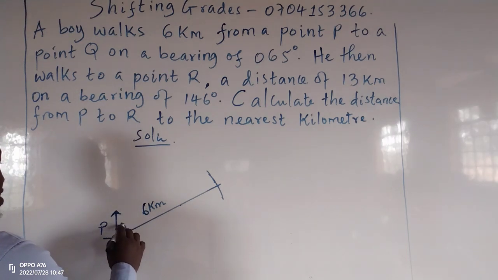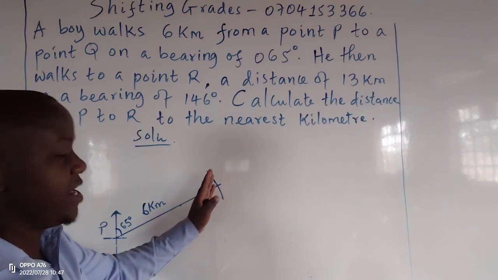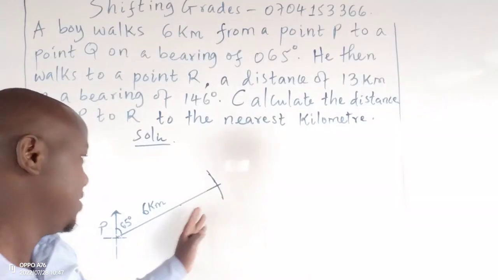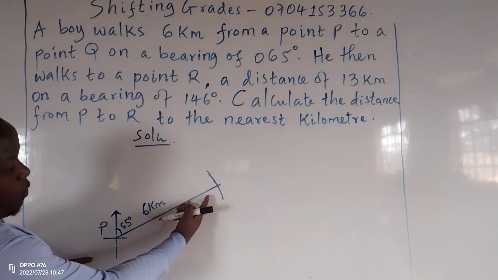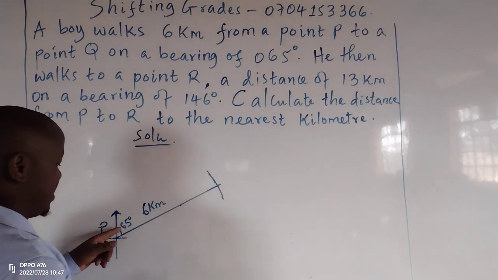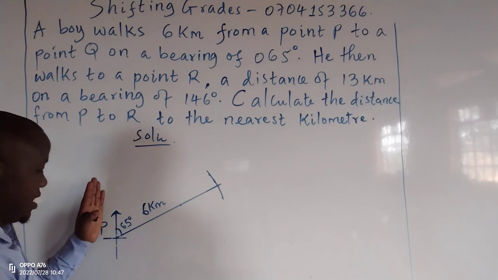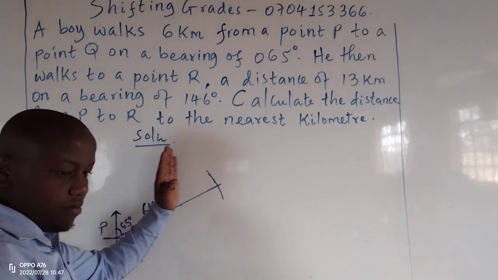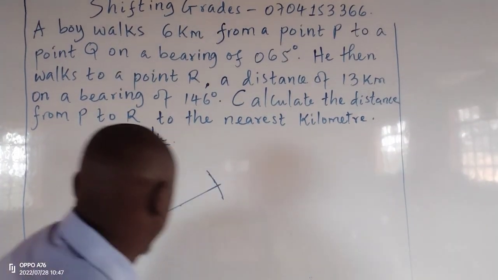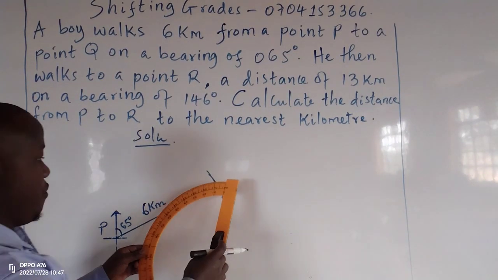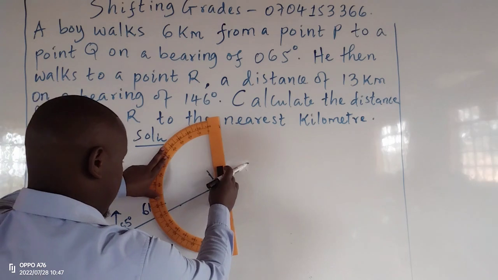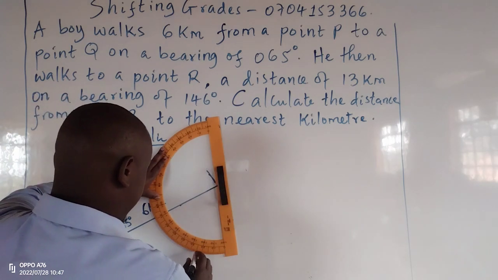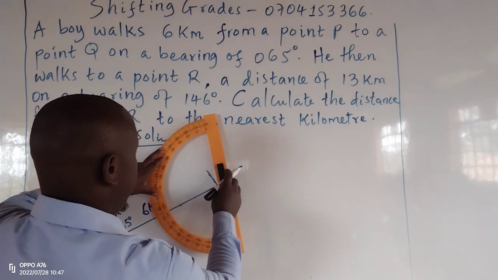Remember here we have 65 degrees. So for us to raise a very perfect north on the other side, since we have 65 degrees, then on the lower side of this line we should have another 65 degrees so that the compass is parallel to the other one at point P. Therefore, we measure another 65 degrees on the lower side.